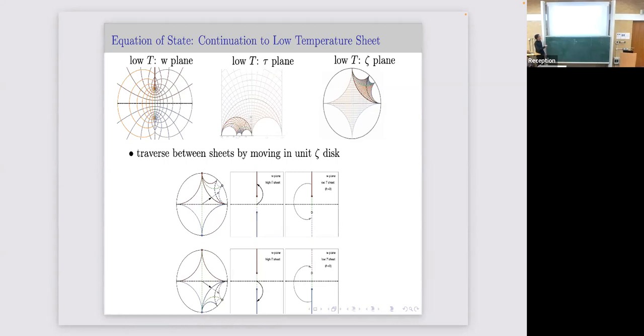And you can cross from the first sheet to the second sheet. And so you can go around depending which way you go, crossing onto the other sheet, or the other sheet, the reflections of one another, depending which way you choose to go. Okay? So implementing this is incredibly simple.